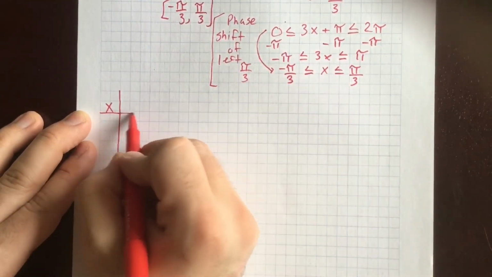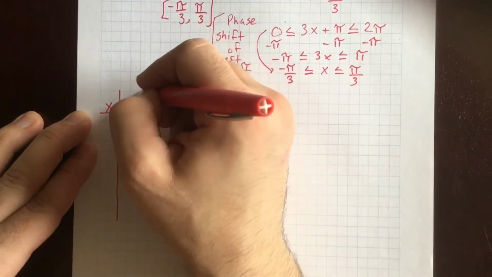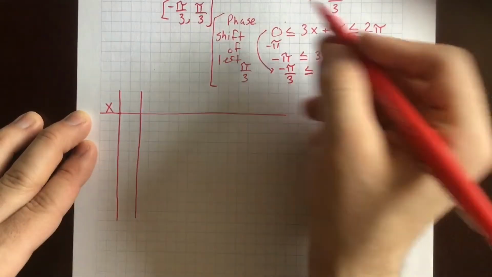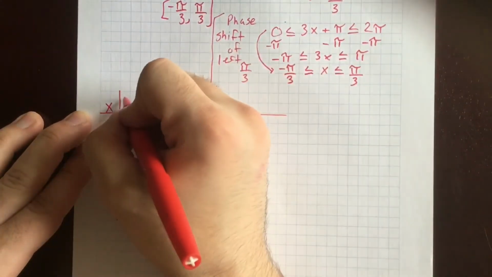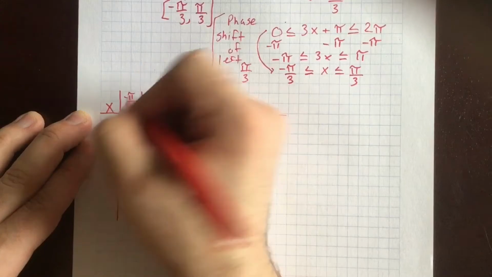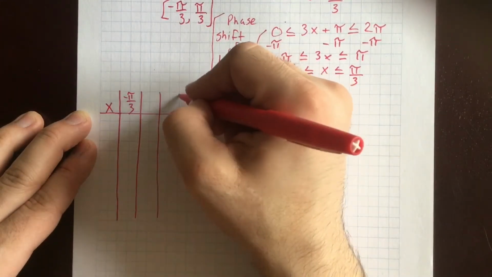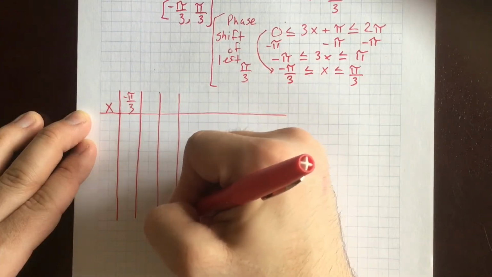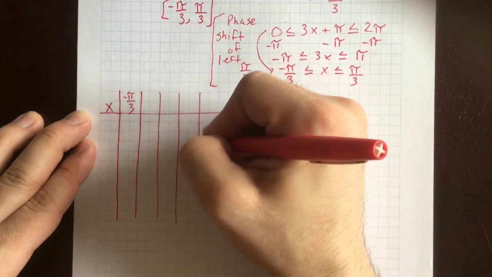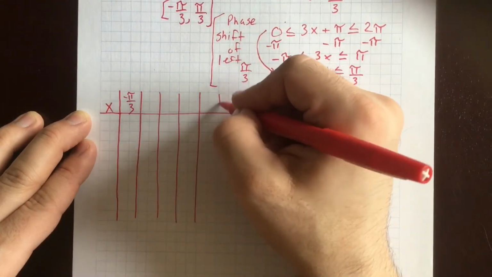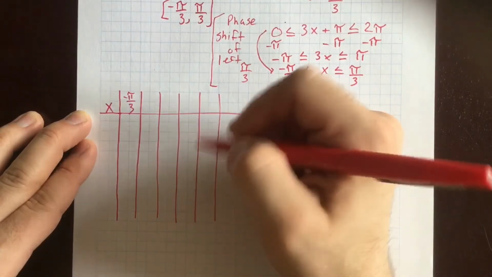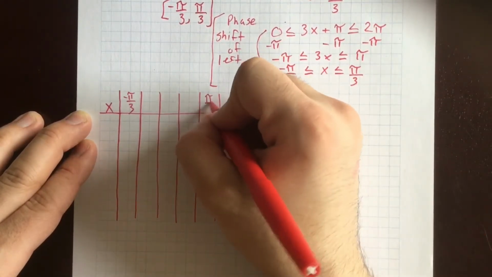So starting with, where are we at? Negative pi over 3, and it's positive pi over 3.